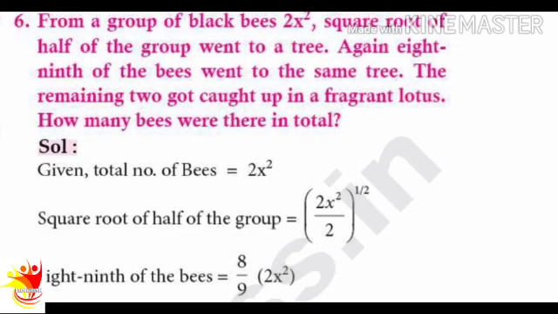Solution. Given the total number of bees equals 2x square. The square root of half of the group equals (2x square divided by 2) whole power 1 by 2. 8/9 of the bees equals 8 by 9 into 2x square.